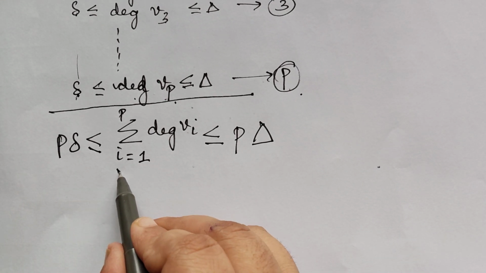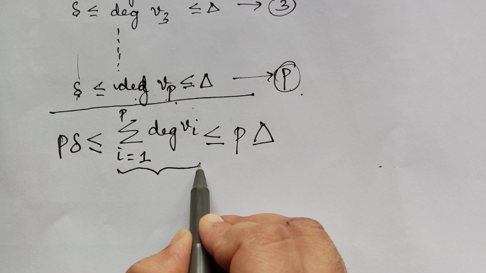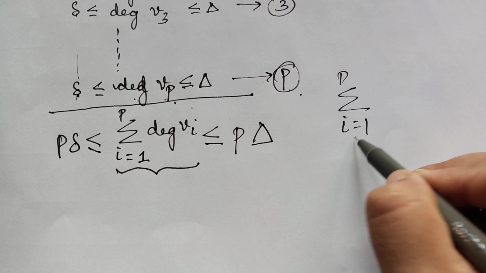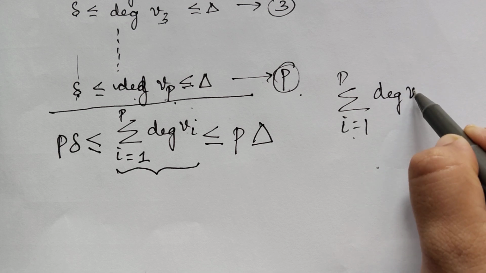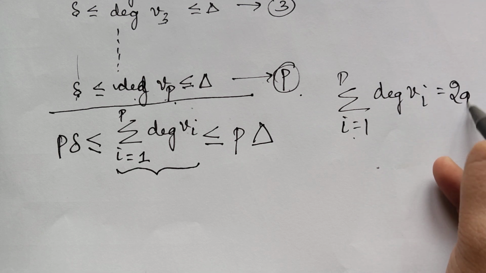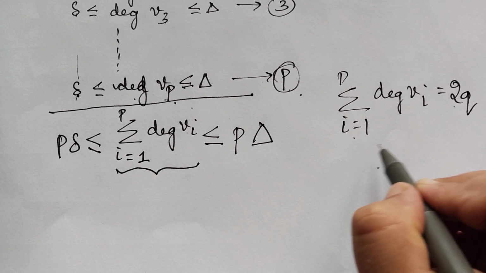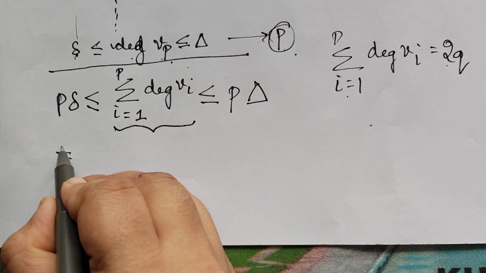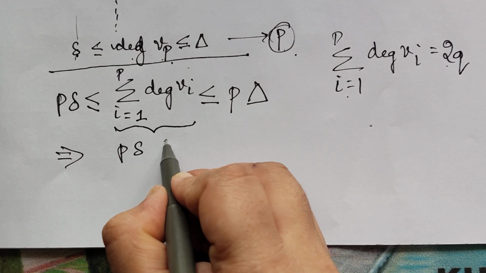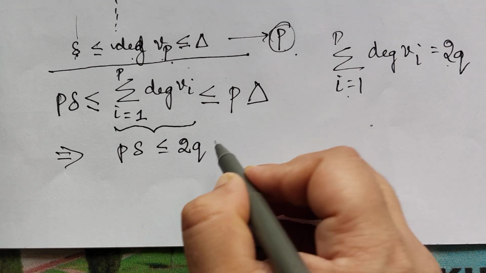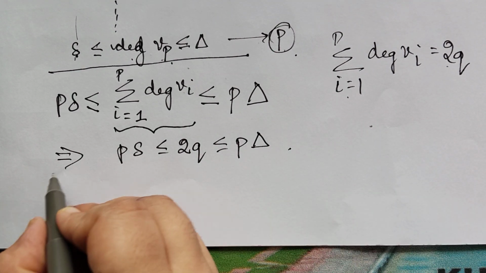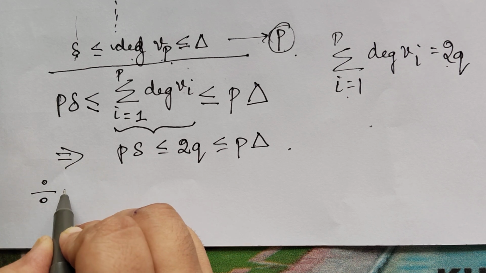But what is this? By the first fundamental theorem of graph theory, we know that summation i equal to 1 to p of degree of vi is equal to 2q, twice the number of edges. So this first fundamental theorem we are going to apply here. So what will happen to this? This will be p delta is lesser than or equal to 2q lesser than or equal to p into capital delta. Now what we will do? We will divide this throughout by p.